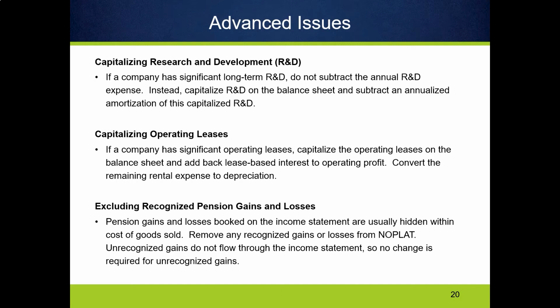What we want to do is treat the company as if it owns these assets that it's simply renting, because they are a big part of the operations of the firm. If the company couldn't rent them, it would need to buy them. Okay? So what we would do is we would value the planes and we would put that value on the balance sheet. Again, on our reorganized balance sheet, we would add an asset, planes, operating leases, something like that.